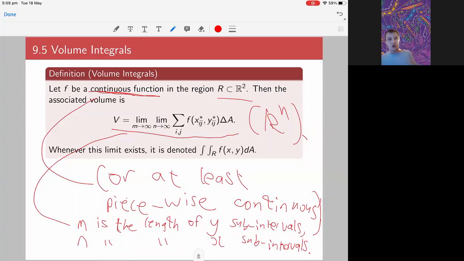So we need to make sure that the rectangles are shrinking in both the X and the Y direction, and that they shrink to 0. And then in that case, the total volume is found by taking the limit in this particular case.